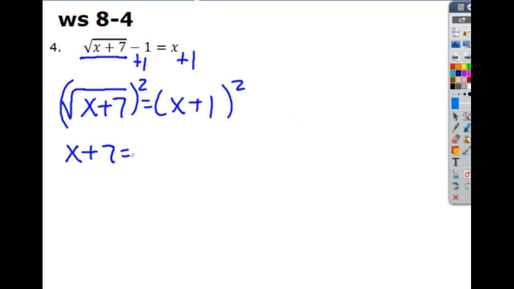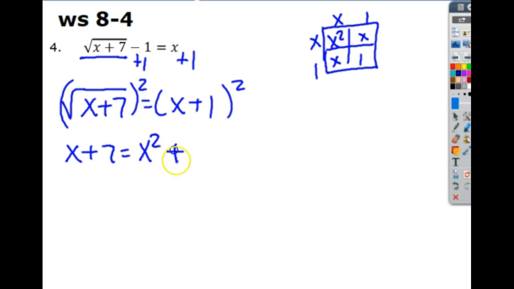Now, your notes then say to FOIL, but we're not going to follow that part of the notes. Instead of FOIL, we're going to come over here in the margin and multiply this out with a box problem. That means x plus 1 times another x plus 1. That's what x plus 1 squared means. We're going to multiply it out with a box problem and then combine like terms.